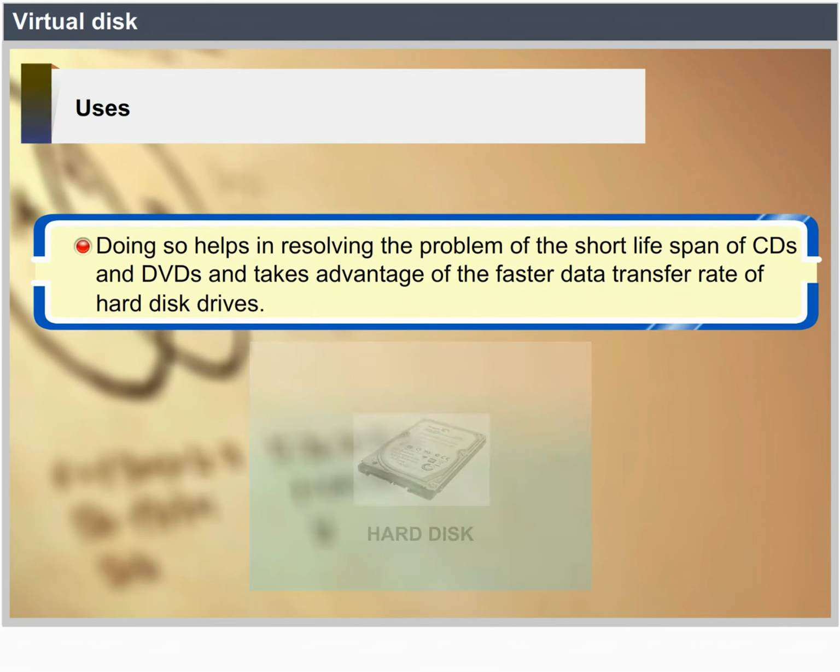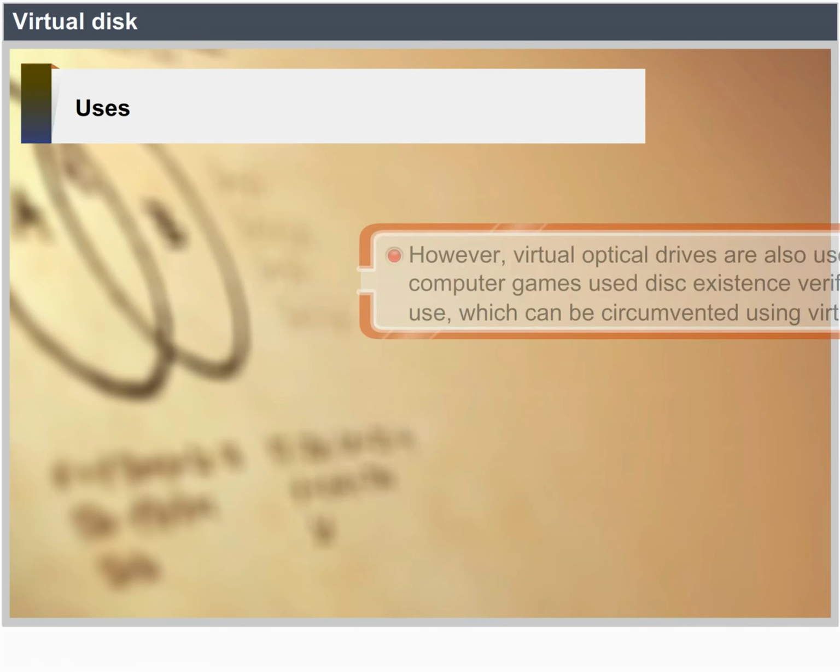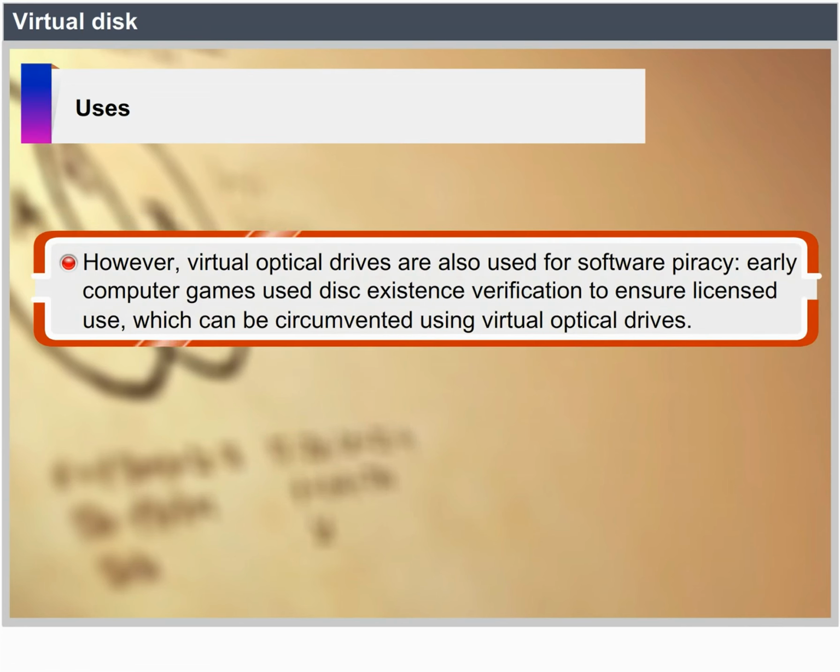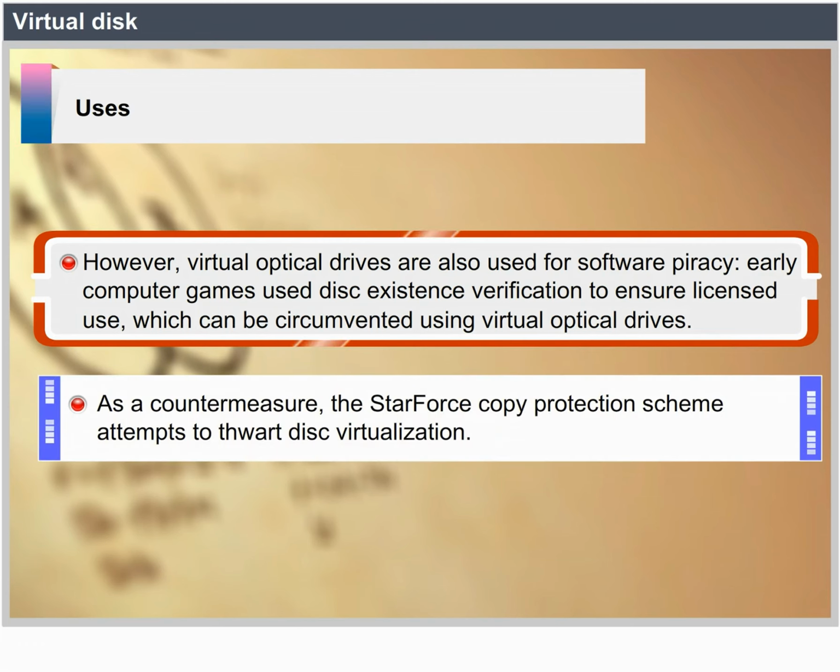Early computer games used disk existence verification to ensure licensed use, which can be circumvented using virtual optical drives. As a countermeasure, the Star Force copy protection scheme attempts to thwart disk virtualization. Modern video games have migrated to online product activation as part of their distribution process.